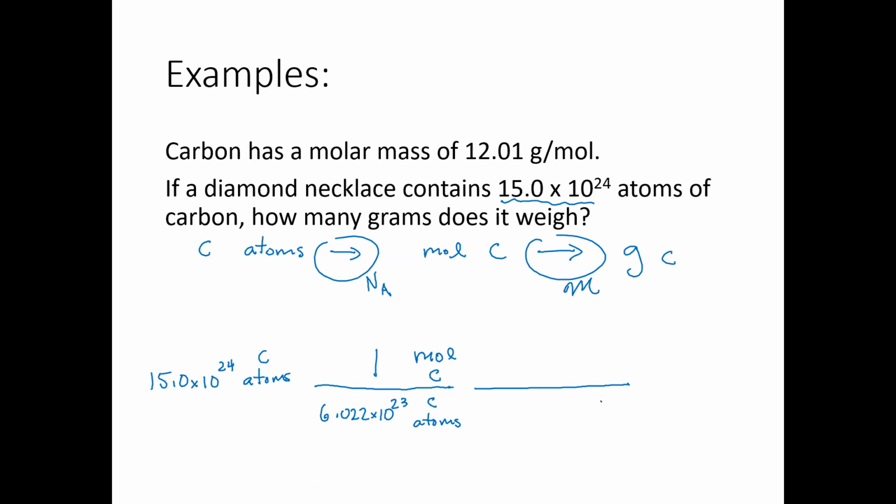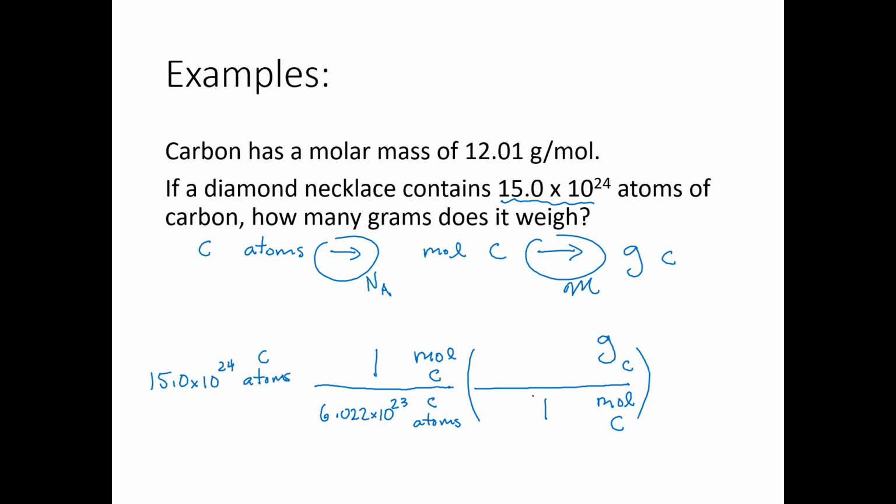Our next step, we want to not stay at our home base. We want to cancel out moles of carbon, and we want to figure out how many grams this weighs. So again, let's put the 1 next to our unit of mole and say, okay, if this fraction needs to make sense on its own, if we have 1 mole of carbon, how many grams does that weigh?